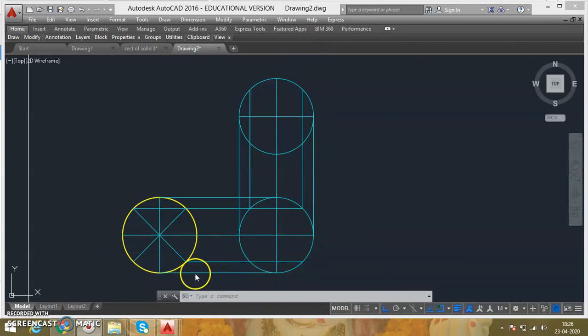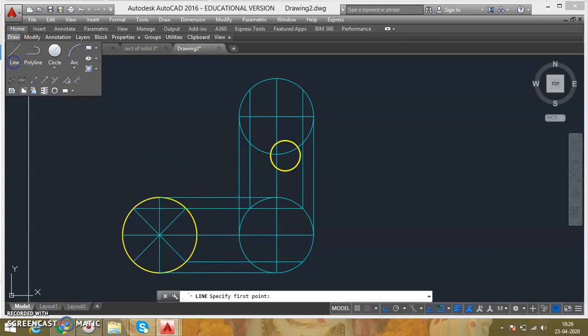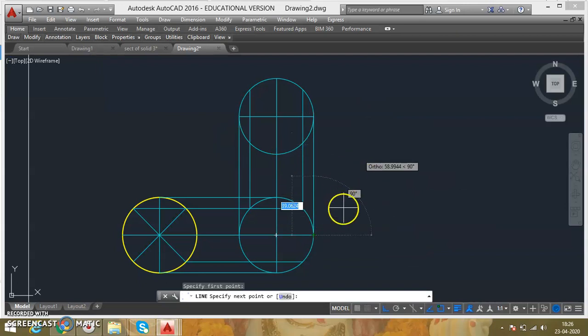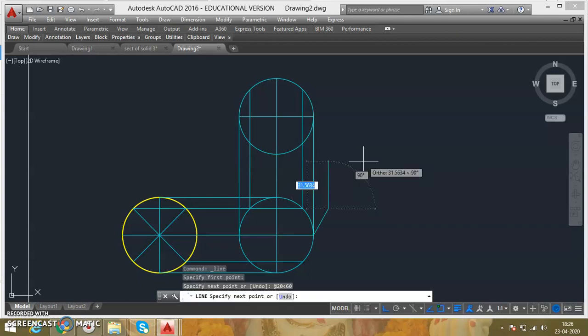So I'll be dividing this line into 4 divisions. How to divide the line into 4 divisions? We generally take a line command. We generally draw a line here at some inclination. So suppose I draw a line of 20 at an angle of 60, 20 at an angle 60, 20 at an angle 60, and 20 at an angle 60.